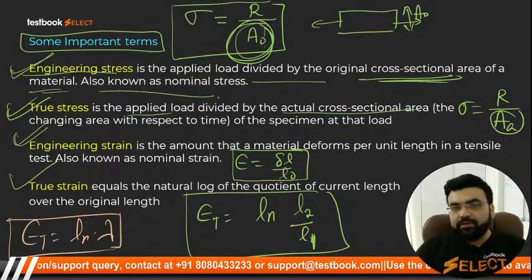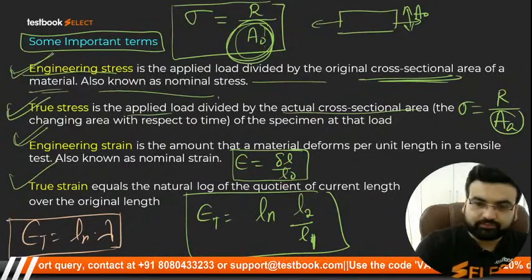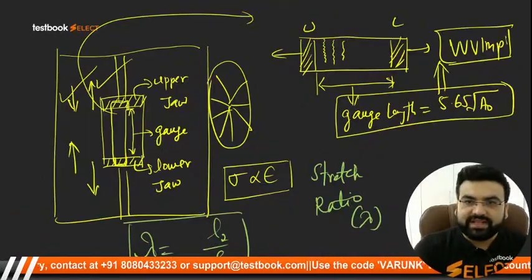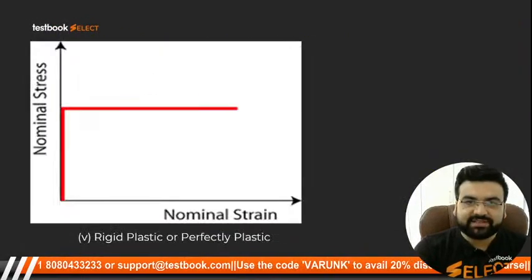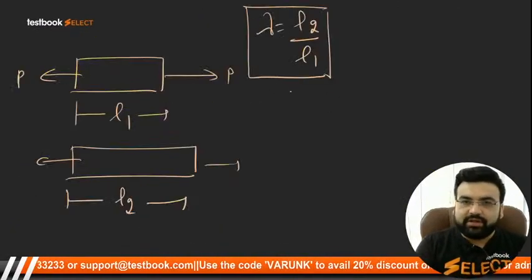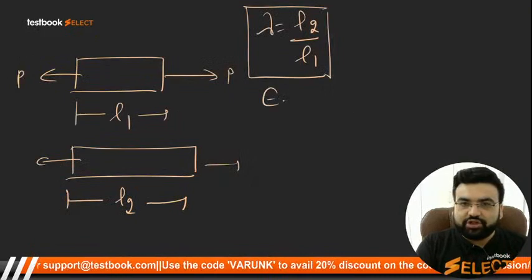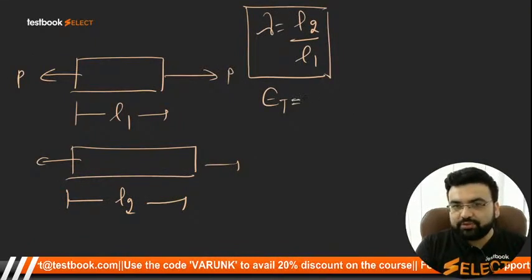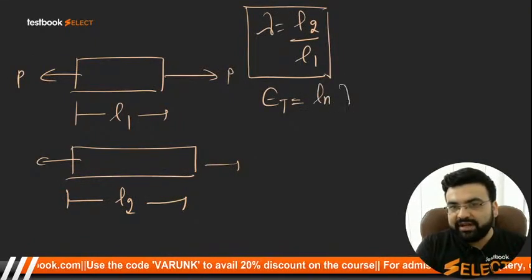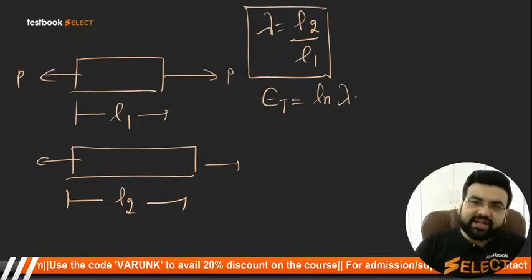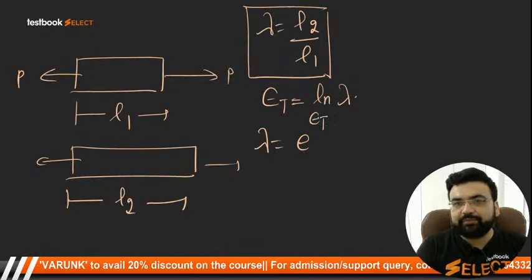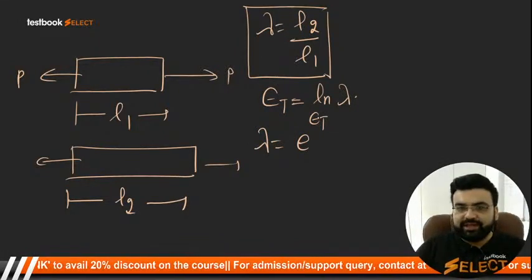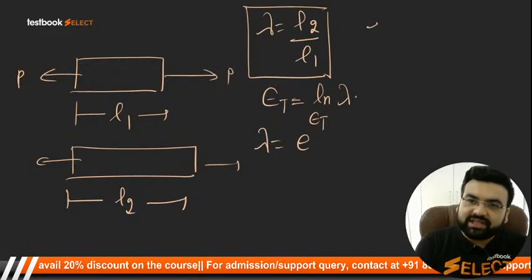Now, there is one more thing. Students, the true strain is coming out to be equal to the ln of lambda. Can you also write that lambda is equal to e raised to the power epsilon t? Now, what is e raised to the power x?